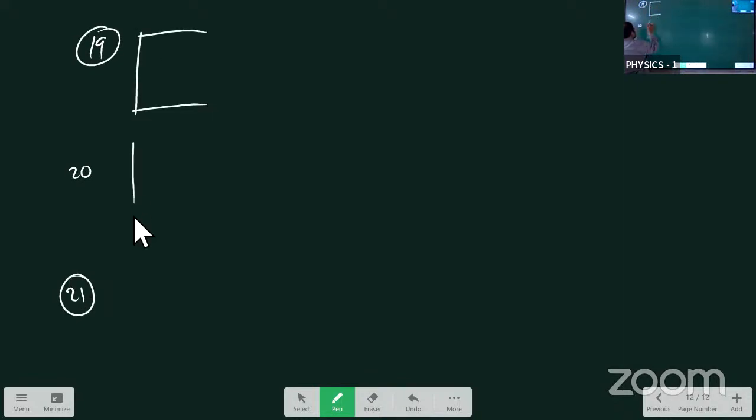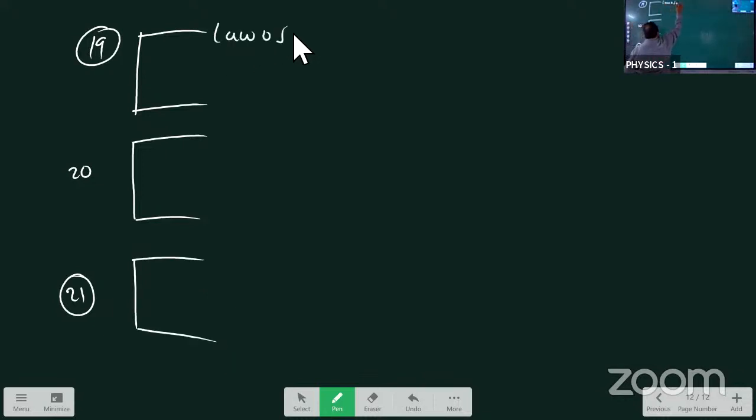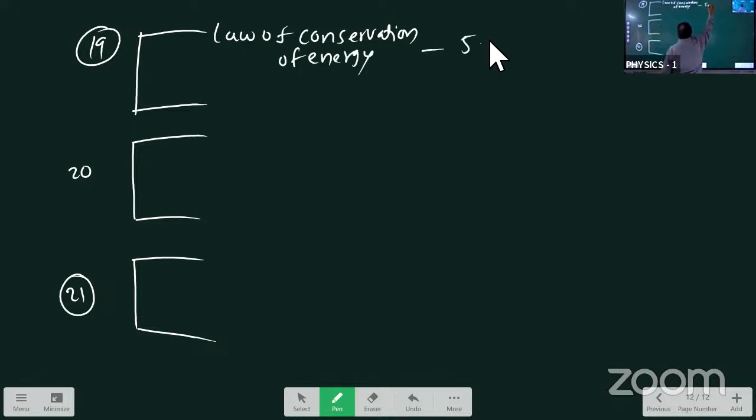Two questions: law of conservation of energy, freely falling body, bullet problem, 5.4 kilowatts.